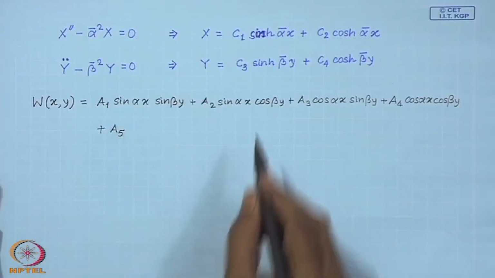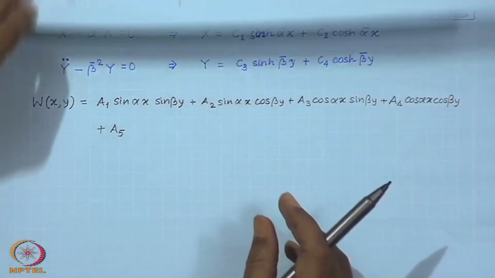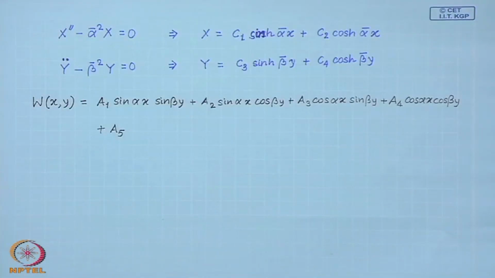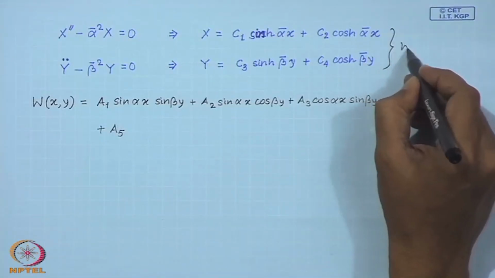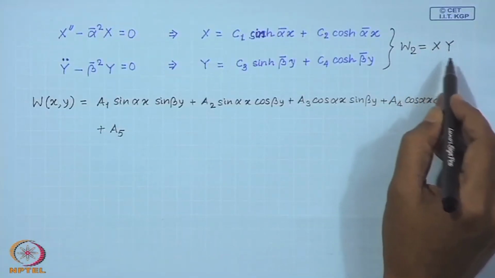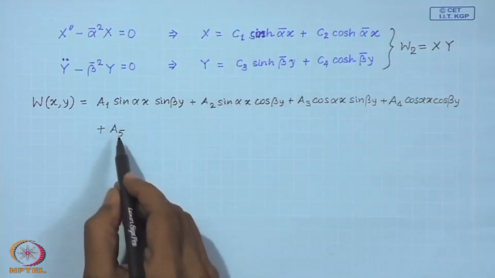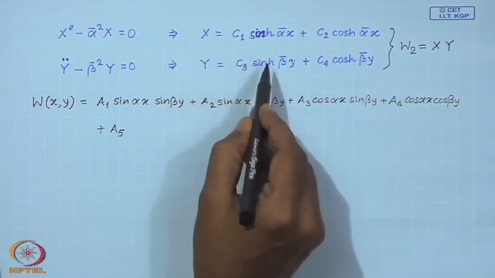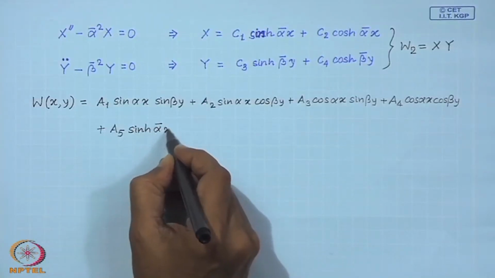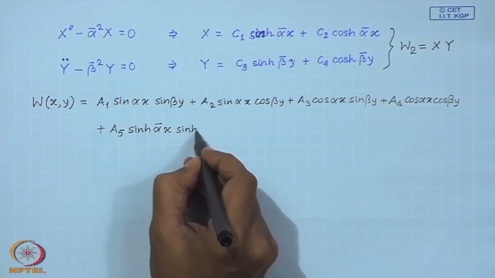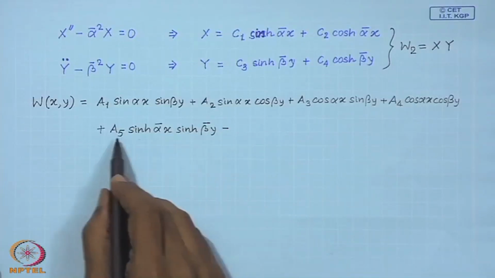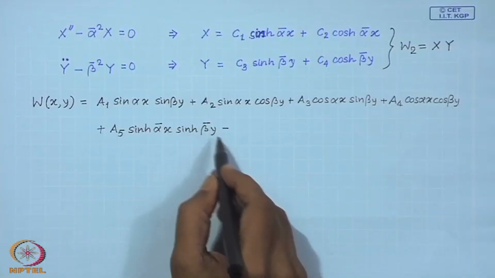Now, you see, the actual solution of this W 2, so W 2 is X multiplied by Y. Now this product I can write, therefore, the product of say C 1 C 3 if I write as A 5, then this is A 5 sine hyperbolic alpha bar x into sine hyperbolic beta bar y.